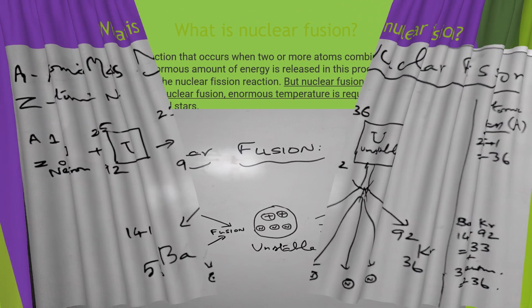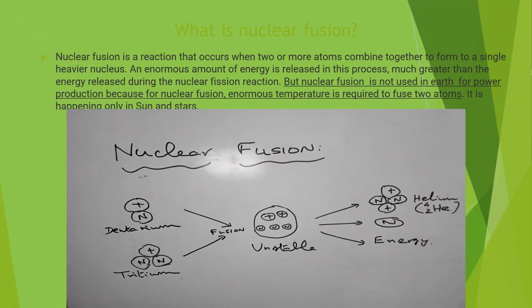What is nuclear fusion? Nuclear fusion is a reaction that occurs when two or more atoms combine together to form a single heavier nucleus. An enormous amount of energy is released in this process, much greater than the energy released during the nuclear fission reaction. So here we are using two nuclear substances to form fusion.